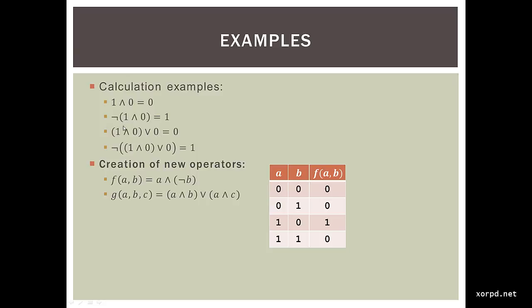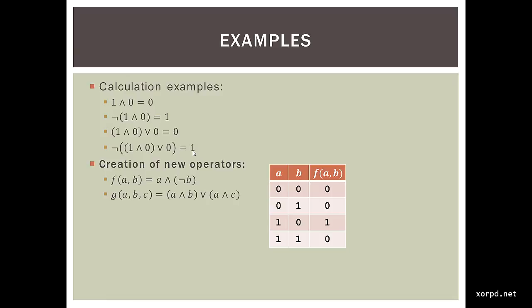And because this part equals 0, and also this part is 0, we get that it equals 0 or 0, which is 0. Finally, we can even get a more complicated expression by negating the previous one, and we are going to get the result of 1, because the negation of 0 is 1.